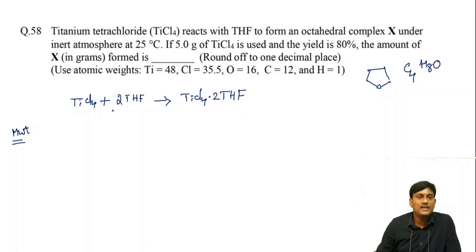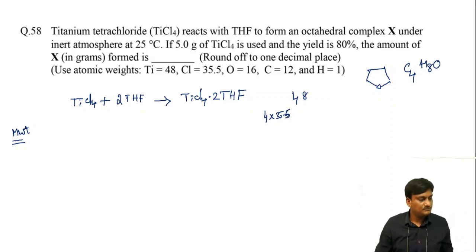What is the molecular weight of TiCl4? 48, and this one is 4 into 35.5, which is 142.0.